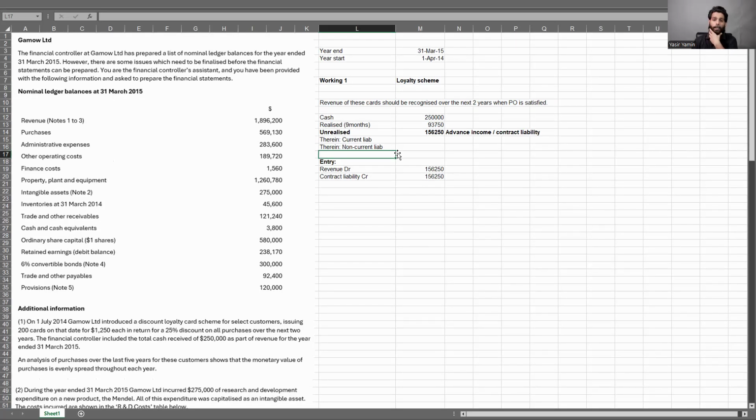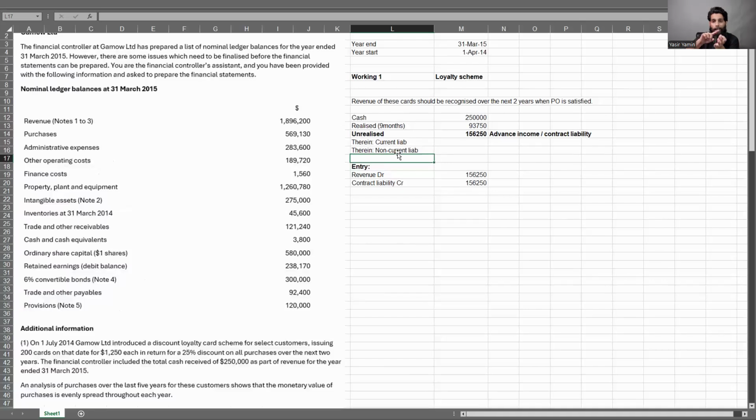You see, current liability is any liability that is satisfied within the next 12 months of the reporting date. And whatever liability is left, which is not settled within the next 12 months, is always supposed to be the non-current liability.